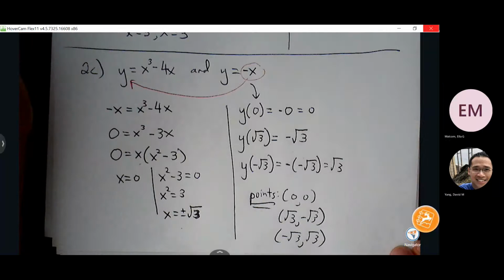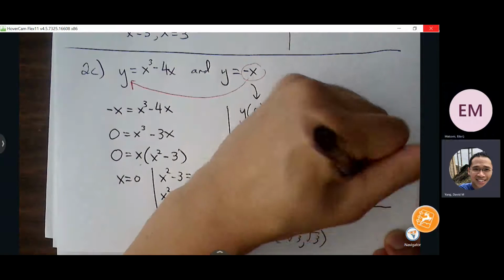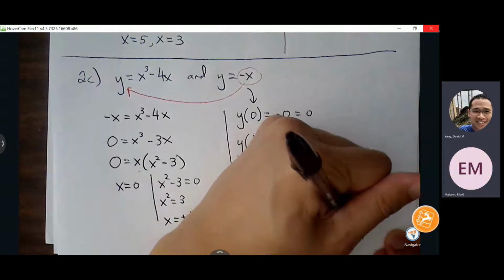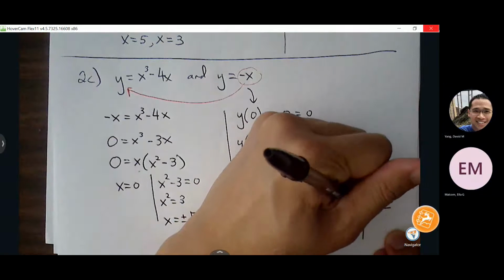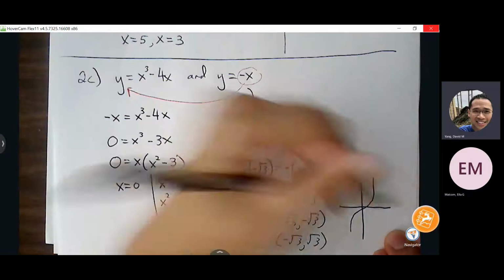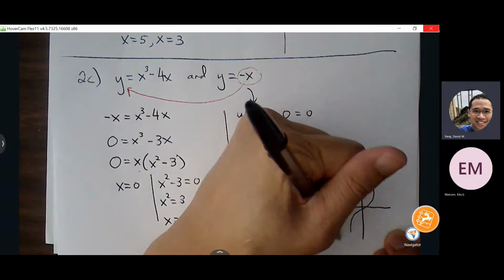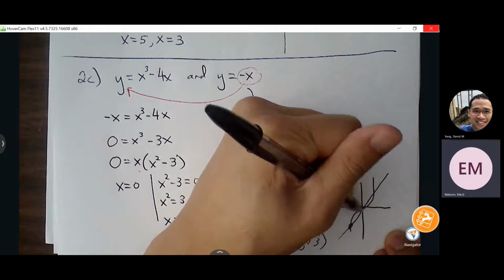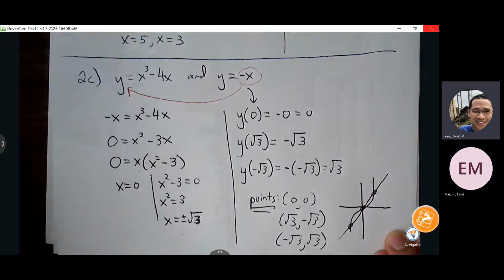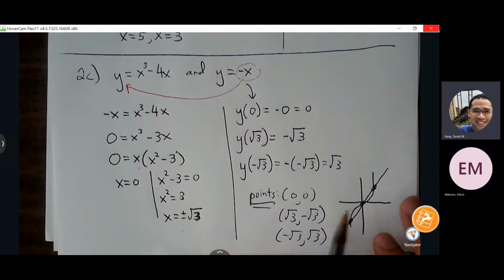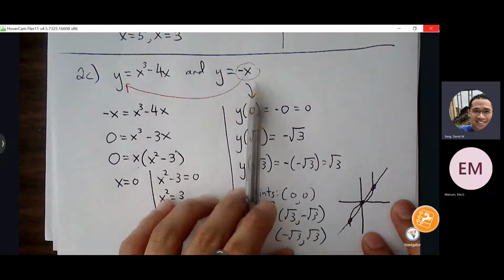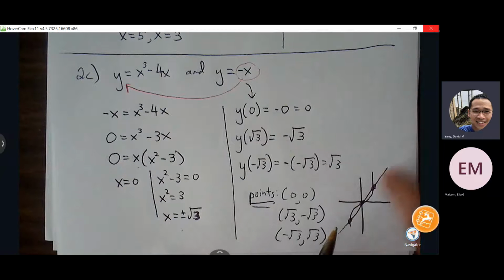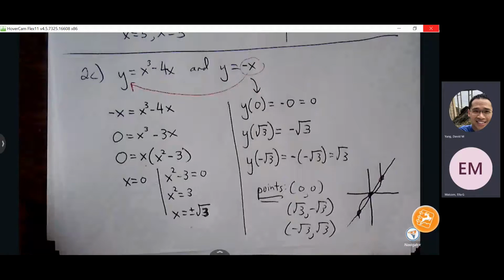So maybe something like this, you have an x cubed graph that kind of has this feel to it, and then you've got a line. So it looks like this line is intersecting at 3 points. Something like that. Or maybe it's the other direction, probably negative x somewhere. But we get the idea that with a curve, it's possible to have 3 solutions.